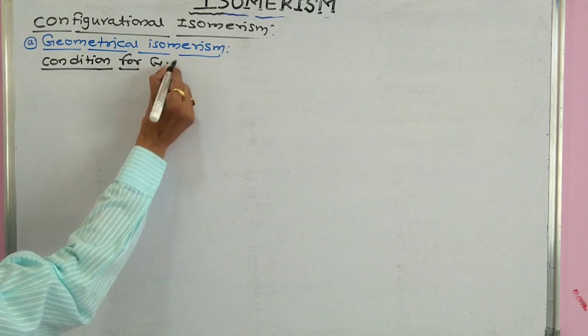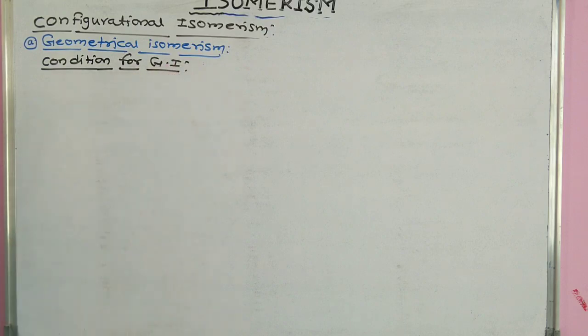Only those compounds show geometrical isomerism in which the double bonded carbon atoms have different atoms or groups.